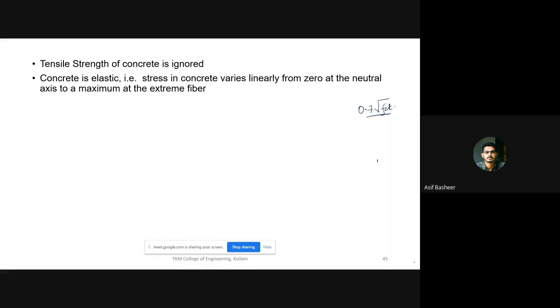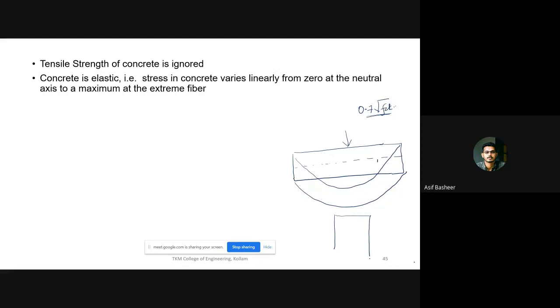And also you can imagine if you are having a concrete beam like this, an RC beam like this, this is your neutral axis. I'm applying a load, and this is going to bend like this, right?